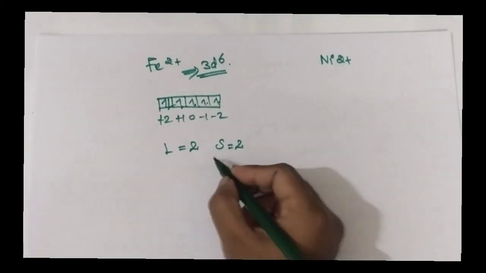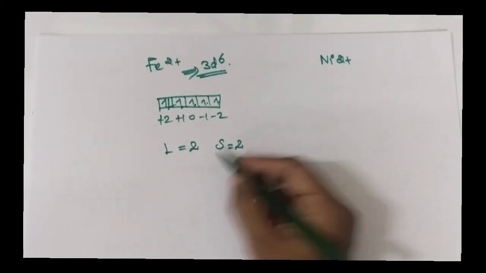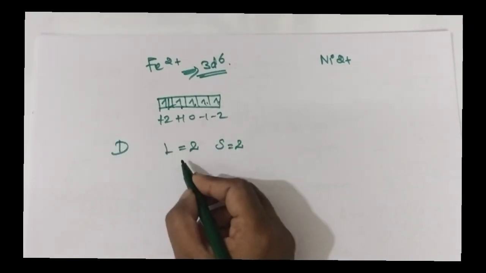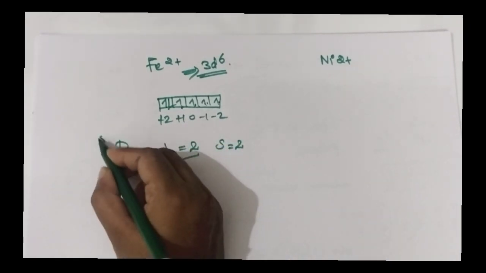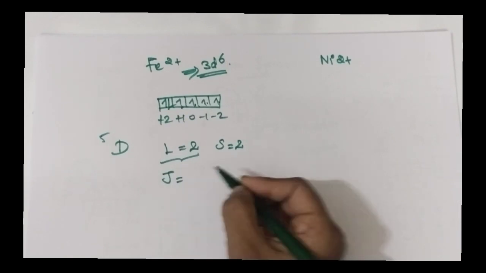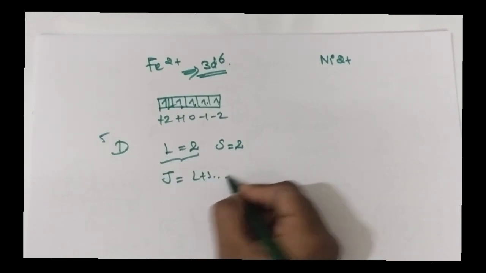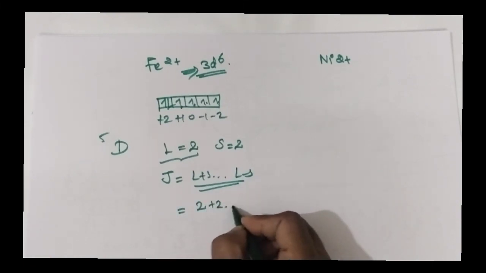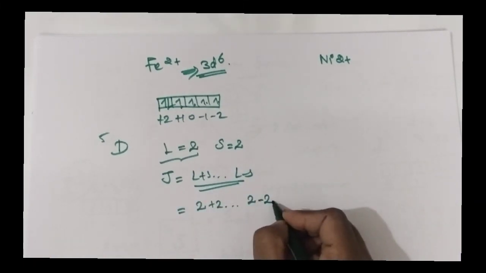So 2S plus 1 value will be 5. In this case, L value is 2. The possible J values, L plus S to L minus S, right? So L value is 2, and this is also 2, and 2 minus 2.